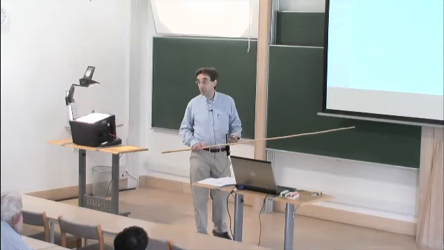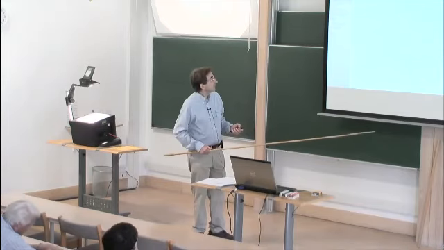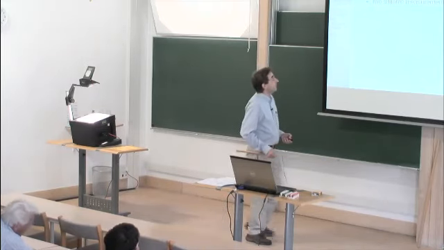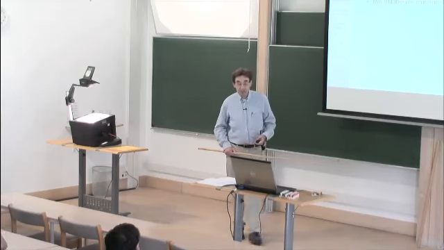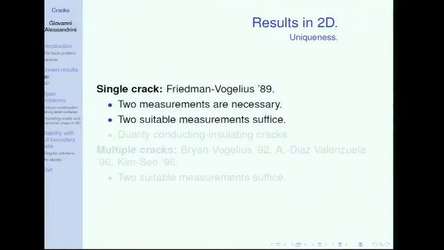And so one measurement in general does not suffice. But instead, if one chooses carefully, and I will say later on what this carefully may mean, two boundary data, then the corresponding measurements suffice to uniquely determine the crack.